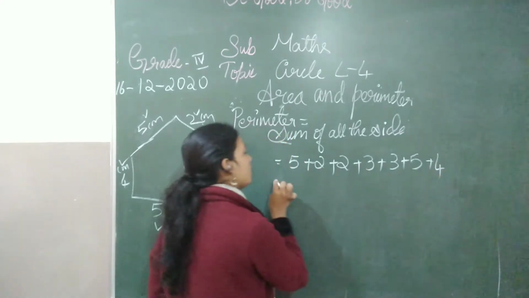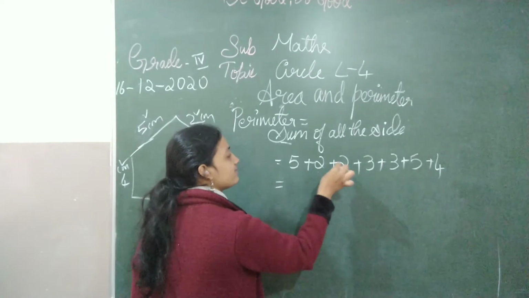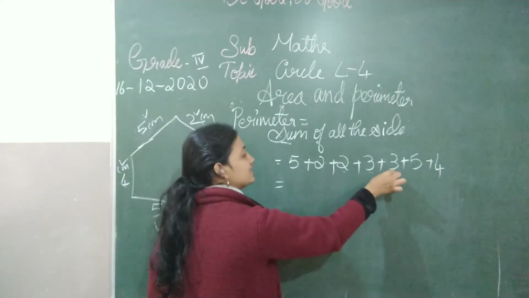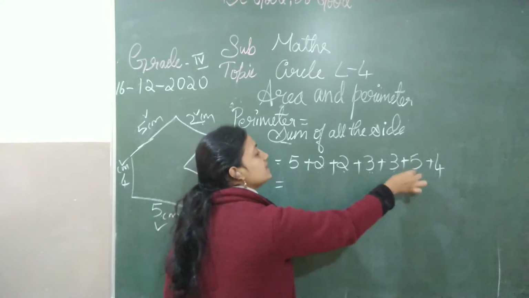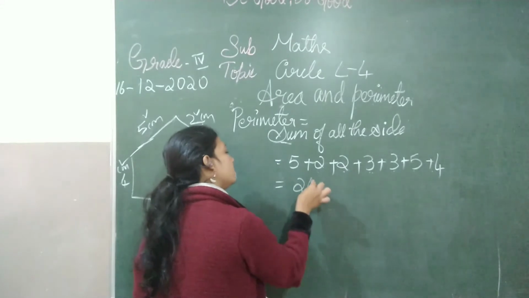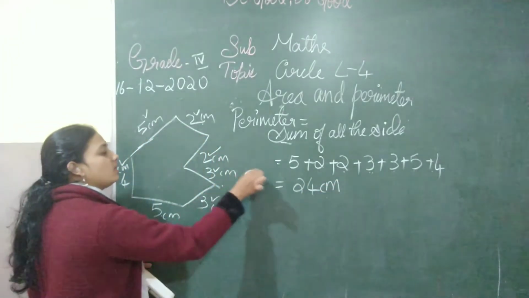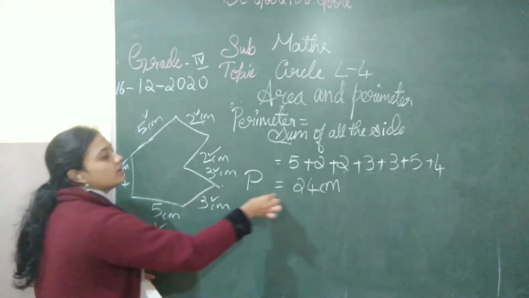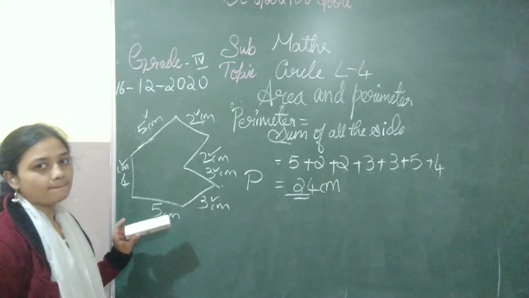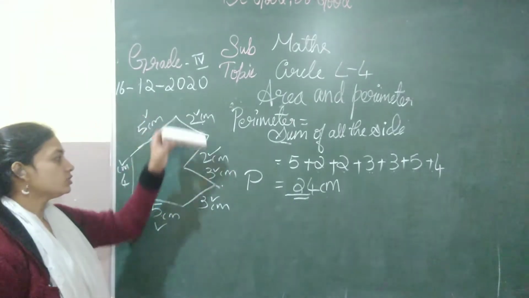When you add all these, what is the answer you get? 5 plus 2 is 7, 7 plus 2 is 9, 9 plus 3 is 12, 12 plus 3 is 15, 15 plus 5 is 20, 20 plus 4 is 24 centimeters. So the perimeter of the shape here is 24 centimeters. So perimeter of the shape you saw, you should add all the sides.